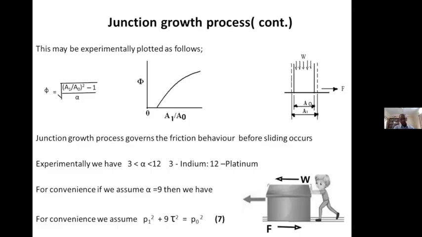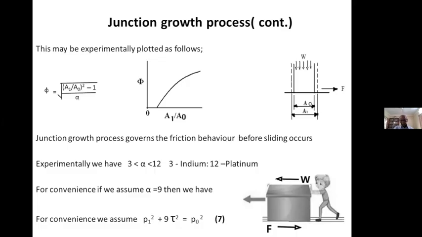So this picture on the left-hand bottom corner pictorially shows that if this little girl is trying to push a heavy object and she is not able to push it, then what happens? Then equation 7 applies. Equation 7 substitutes alpha by 9.